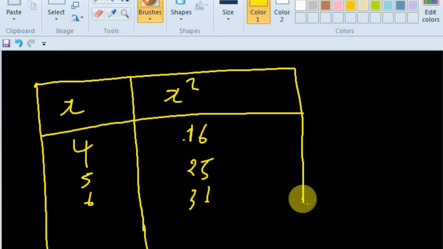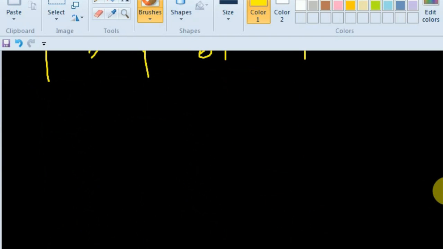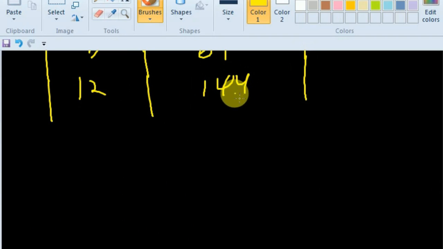Then I also have 8 squared, that's 64. Then I also have 12 squared, that's 144.